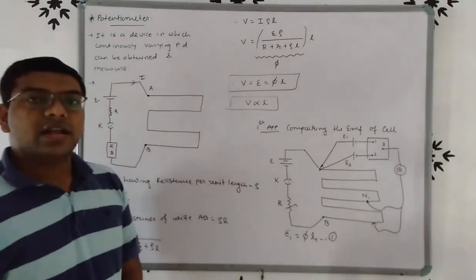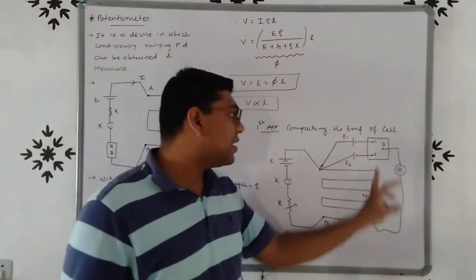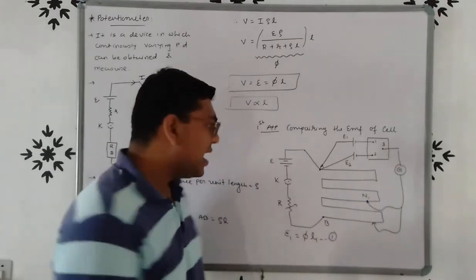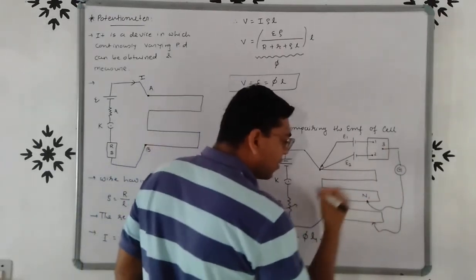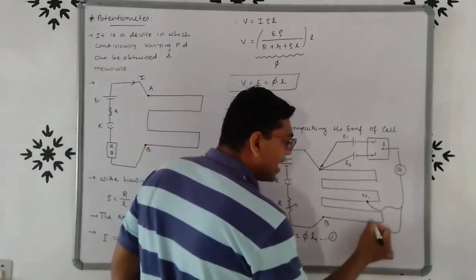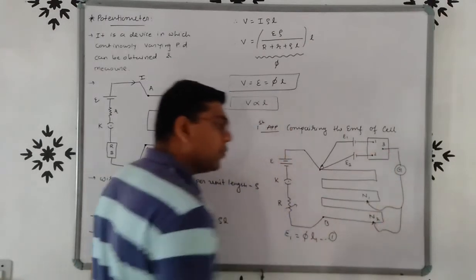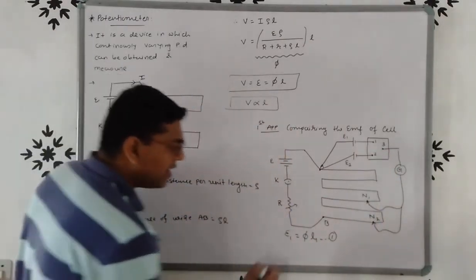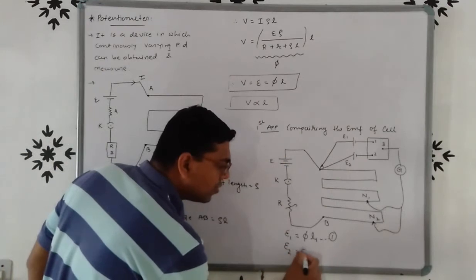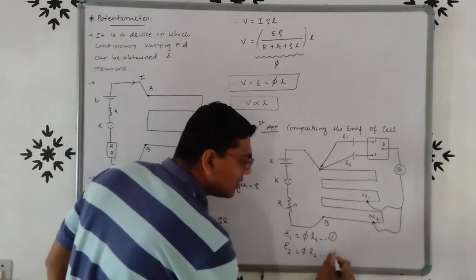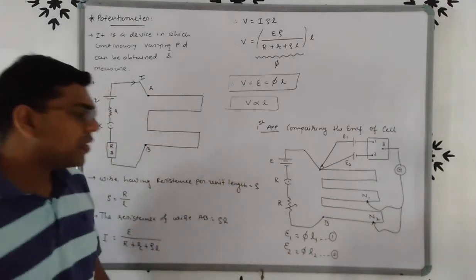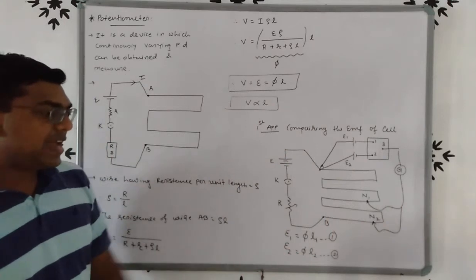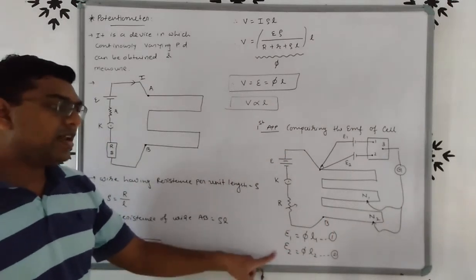Now in the second case, we connect 2 and 3 and move the jockey from A to B. So we get null point N2. At this point, EMF E2 is equal to phi L2, that is equation number 2. Now if we take the ratio of equation 1 and 2, we get E1 upon E2 is equal to phi L1 upon phi L2. Here phi cancels.